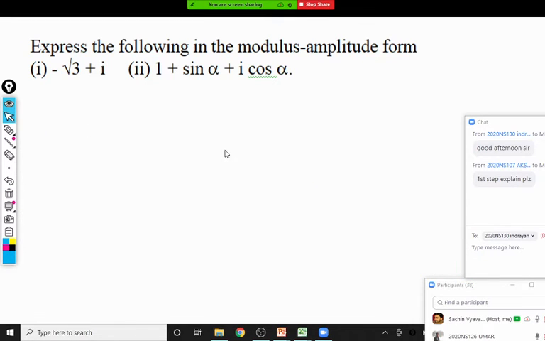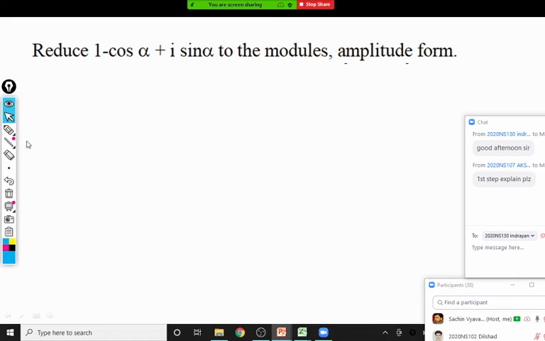Okay, next question here. Write this complex number again in the modulus and amplitude form. Here again we require trigonometric identities. Only the values of x and y are changed now. If you start this question, let z be 1 minus cos alpha plus i sin alpha.